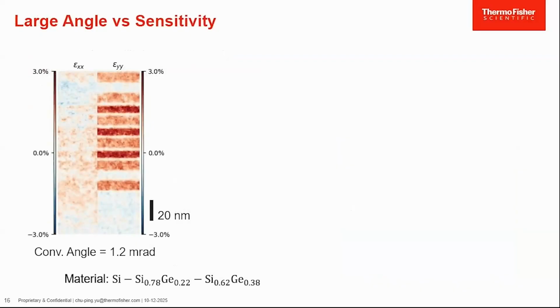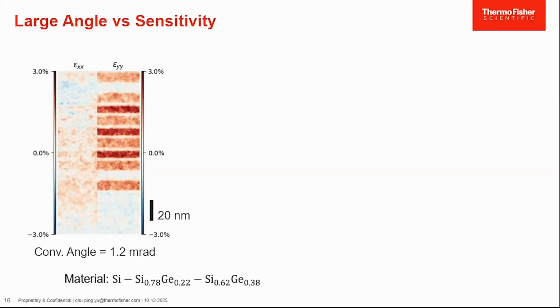about 1.2 milliradian. And we see earlier in the ADF image, we can resolve the 2 nanometer silicon layer that can still be found here in the strain mapping. But you will see also large artifacts, for example, layer here, that is not natural to the material.